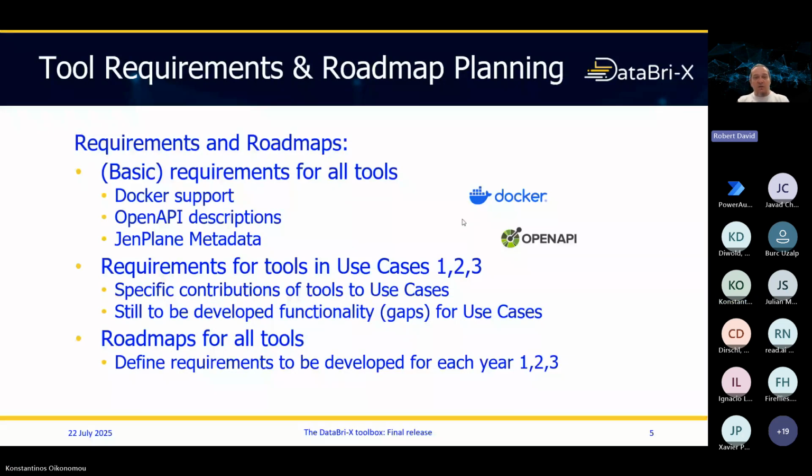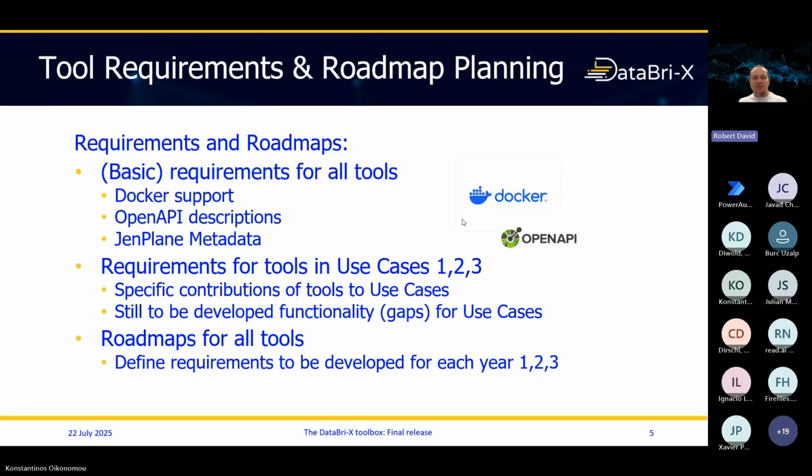We also identified specific requirements for the use cases. And there was the question, looking at this huge set of tools that we have, how far we can cover what the use cases need.